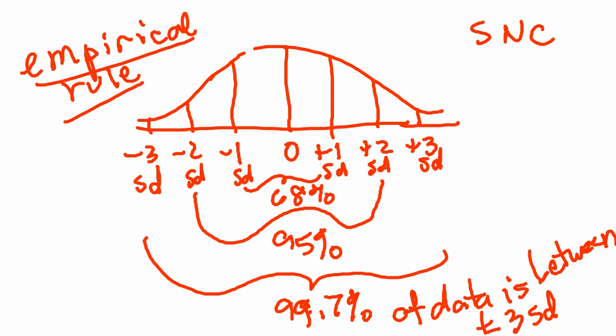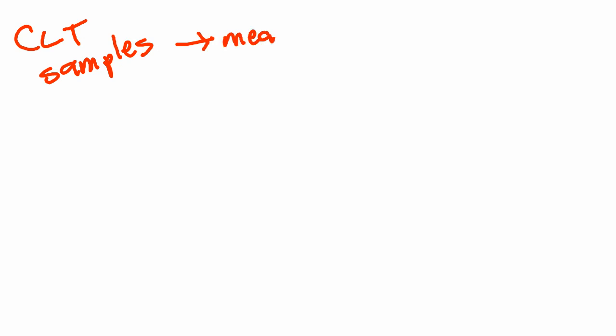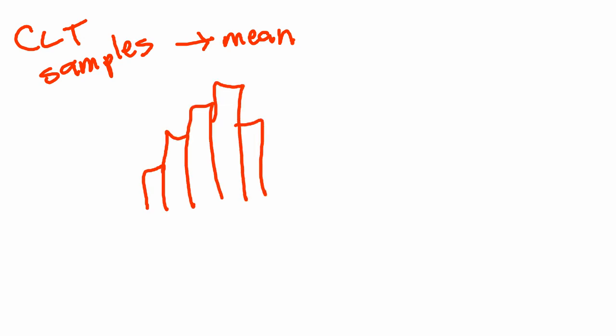The mean? Yes, you find the mean. For the central limit theorem, you're doing all these samples, and then you find the mean of all those samples. So when you graph it, the histogram should do something like this.